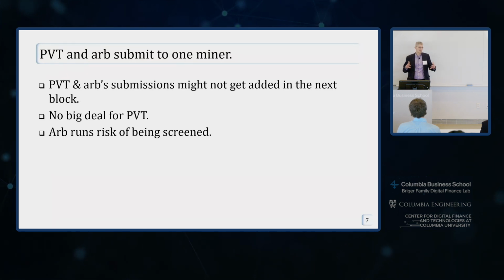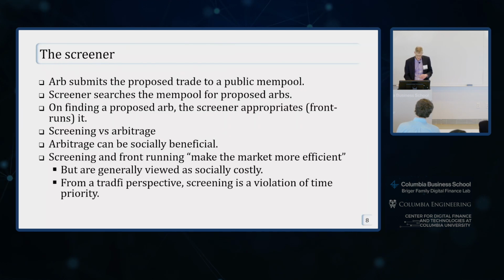I think there might be social costs from redundant effort in this search. And now we're going to bring in the screener here. And they search the public mempool. And if they find a proposed arbitrage, they can front run it.